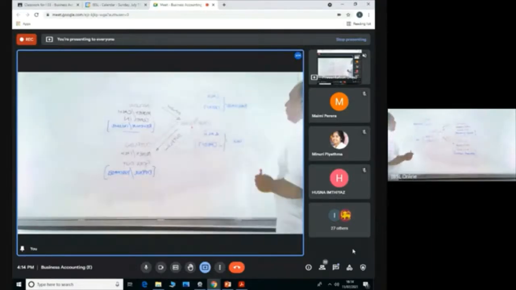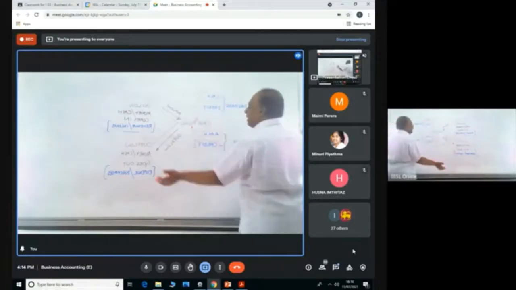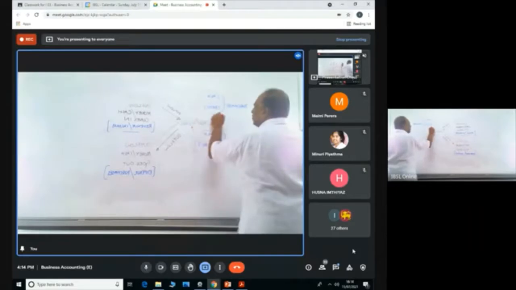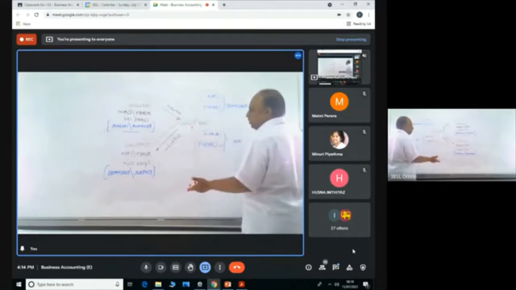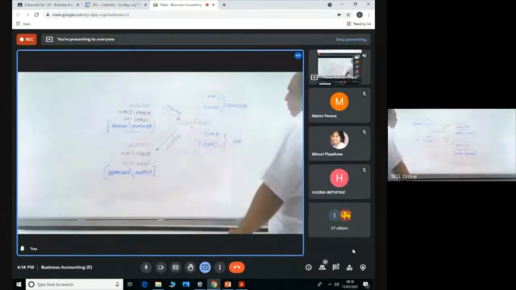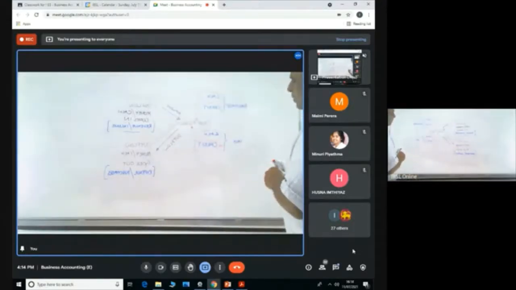Why? Where you need to immediately pay cash. Whatever you do in the form of a credit purchase is not important because the cash will come later.